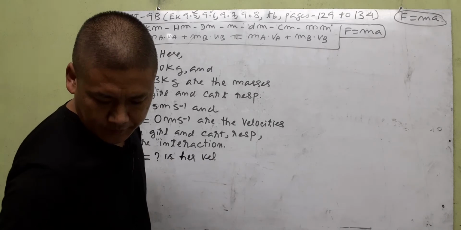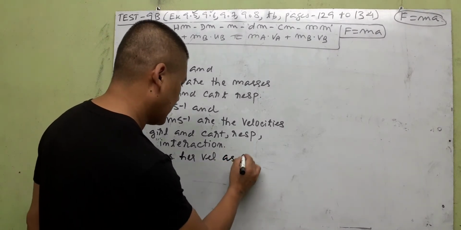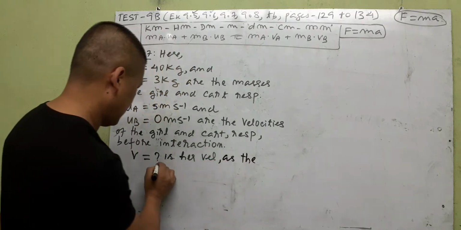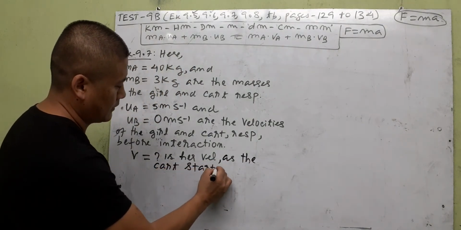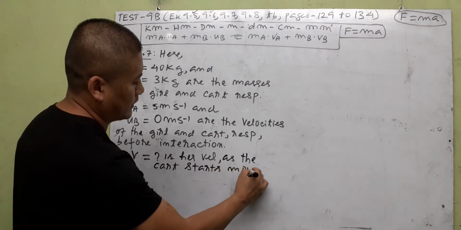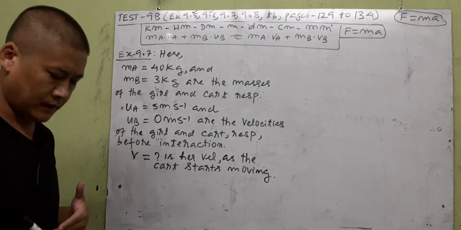As the cart starts moving, V represents the velocity of the girl along with the cart.